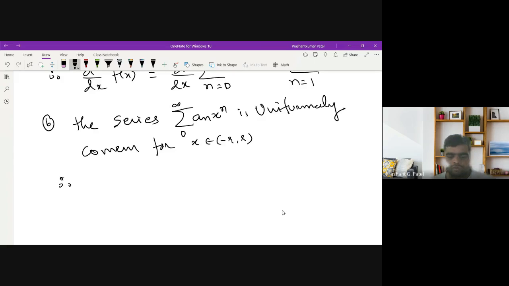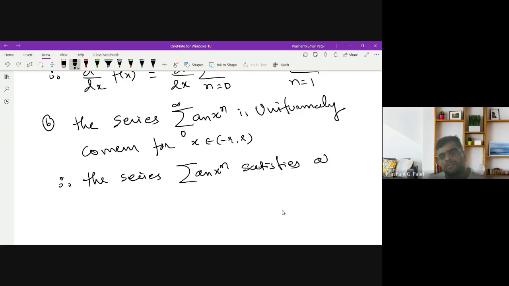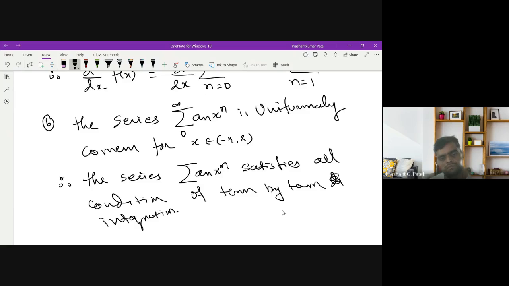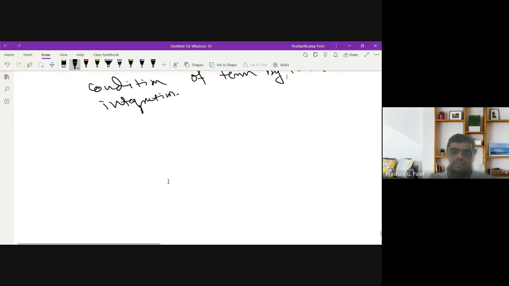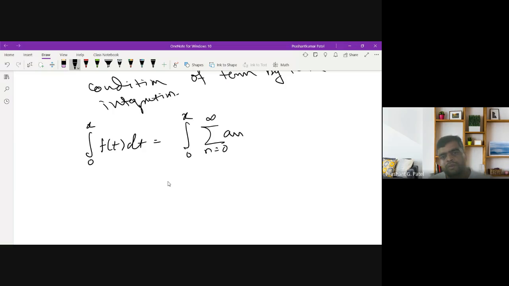So therefore, the series summation an x raised to n satisfies all conditions of term by term integration, and hence the integration is possible. We take the integration from 0 to x of f of t dt, which is equal to the integration from 0 to x of the summation n running from 0 to infinity of an t raised to n dt.